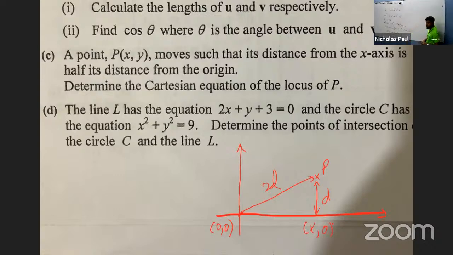Yes, sir. So I have 2d is equal to the square root of x minus 0 squared plus y minus 0 squared. And d is equal to the square root of x minus x squared plus y minus 0 squared.